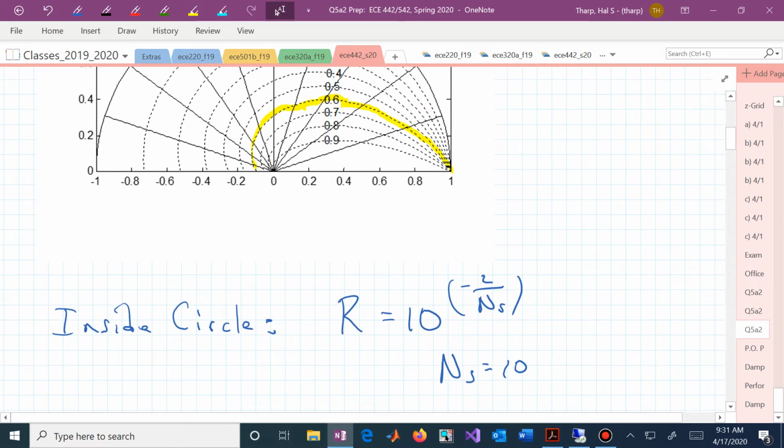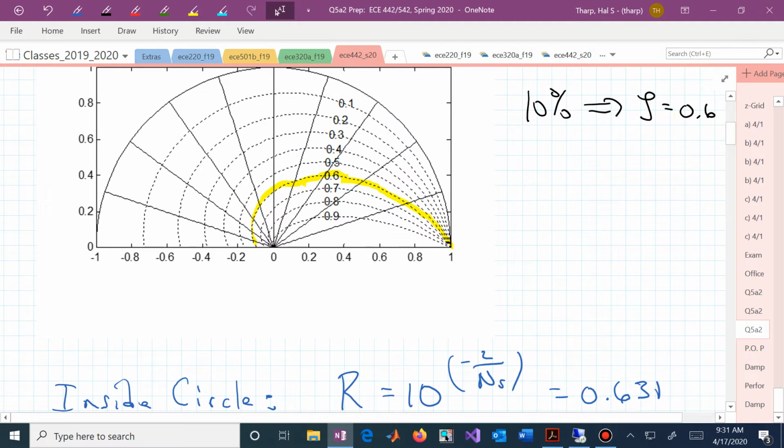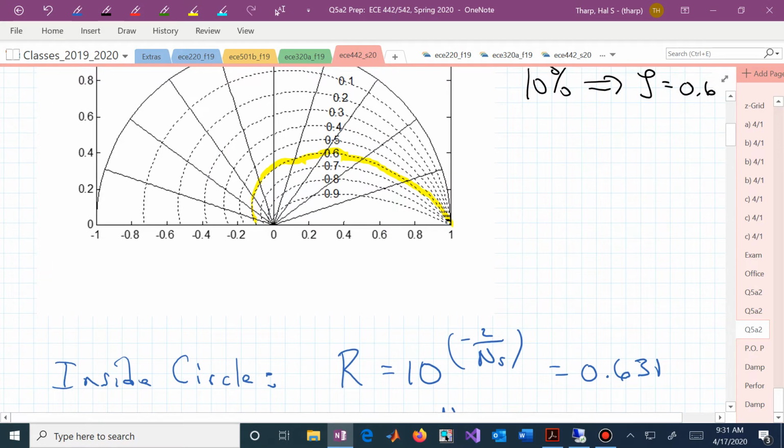So now we're trying to compute the radius that we will be inside of for this settling time of 10 samples, and this is 0.631. And obviously you're not going to be able to get that much resolution in your sketch, but now we have something. If I could draw a circle, oh, not a very good circle. We're a little bit beyond 0.6.